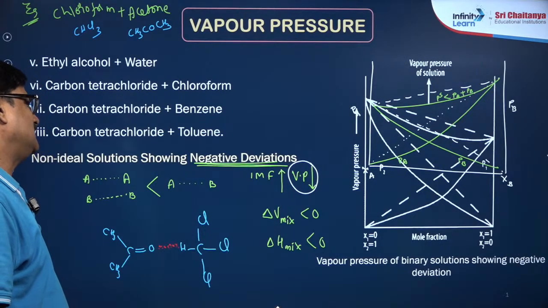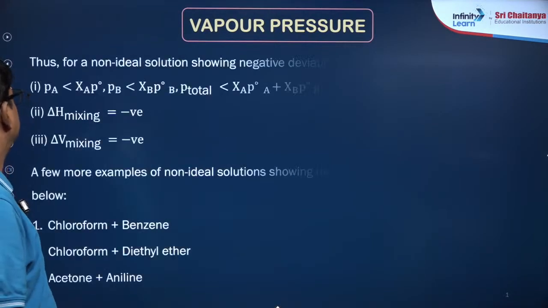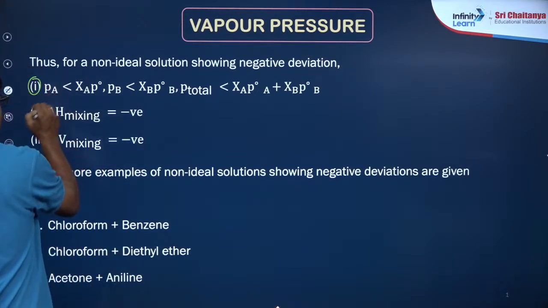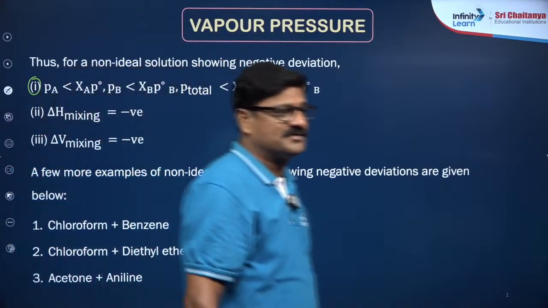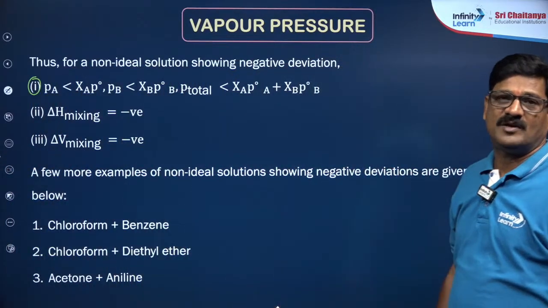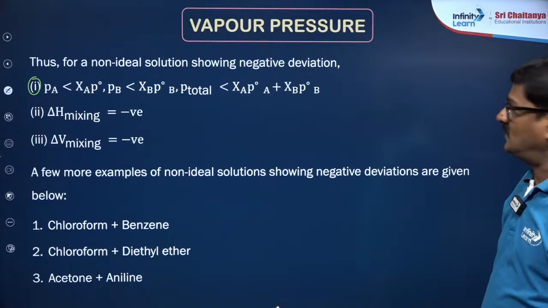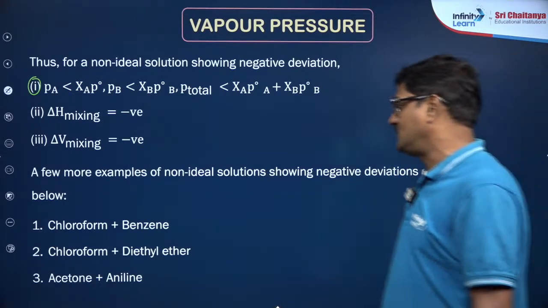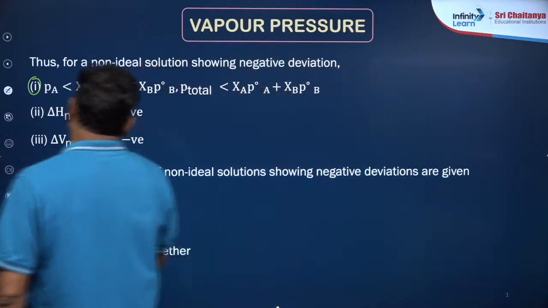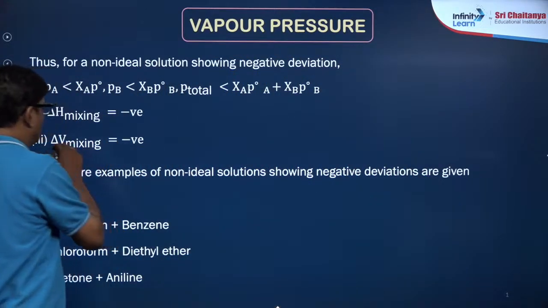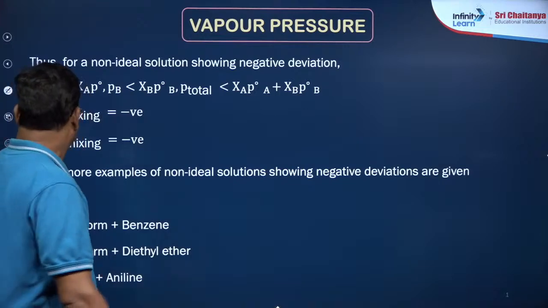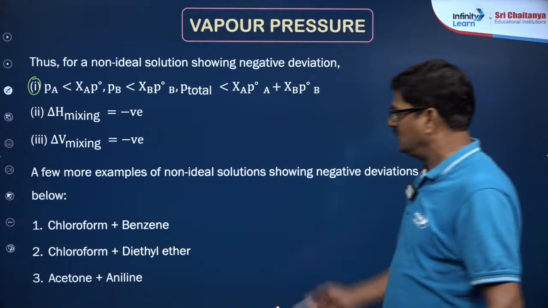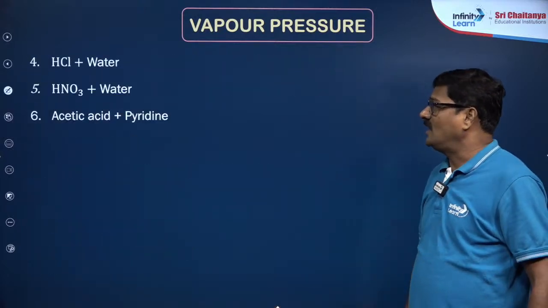Now, let us see the same scenario here. Thus, for a non-ideal solution, these are the main things. Pa is less than P naught A mole fraction of A, Pb is less than P naught B mole fraction of B, P total is less than the sum of Pa and Pb. Enthalpy of mixing is negative, and delta V mixing is negative, right. A few more examples: chloroform and benzene, chloroform and diethyl ether, acetone and aniline, and HCl and water.